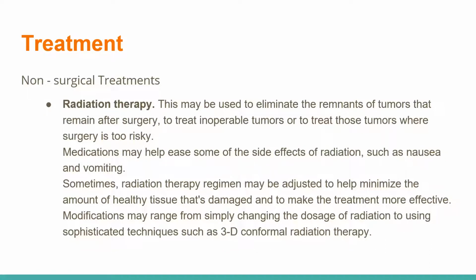Sometimes the radiation therapy regimen may be adjusted to help minimize the amount of healthy tissue that's damaged and to make the treatment more effective. Modifications may range from simply changing the dosage of radiation to using sophisticated techniques such as 3D conformal radiation therapy. Next, please.